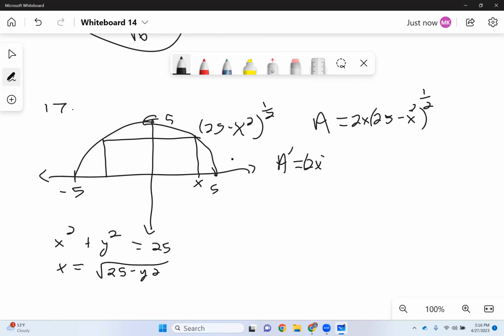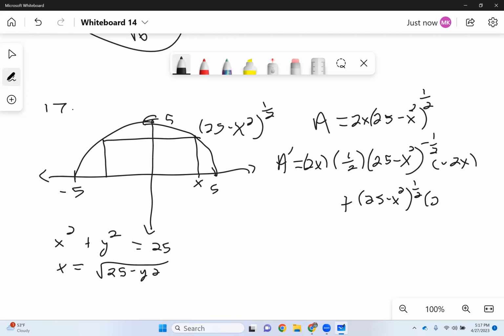So d2 would be 1/2 times 25 minus x squared to the negative 1/2 times negative 2x, plus 25 minus x squared to the 1/2 times d1, which is just 2. And then we would set that equal to 0.